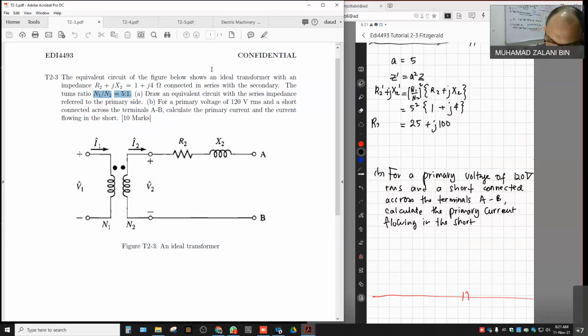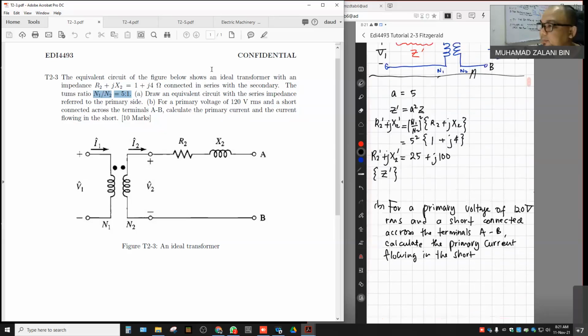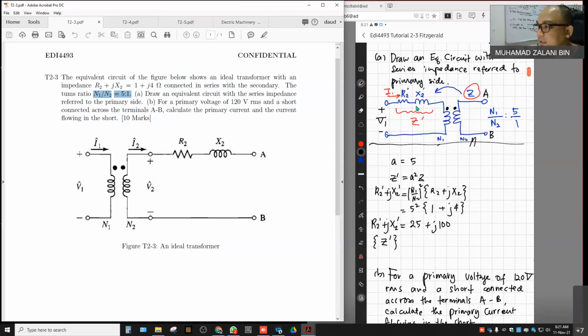This is R2 prime plus j X2 prime, ataupun this is Z prime lah. So Z prime is R2 prime plus j X2 prime.